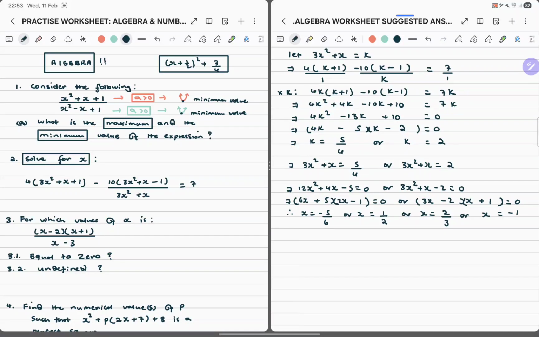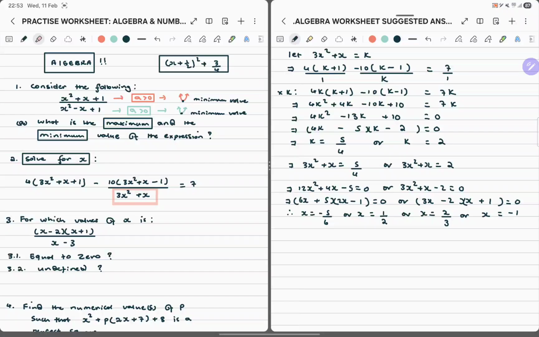Now remember, with rational equations, we cannot divide by 0. So now we need to come back and check, is there a possibility of these solutions giving us something like 0 in the denominator? So we want to go back and check, is there anyone that makes that expression 0?